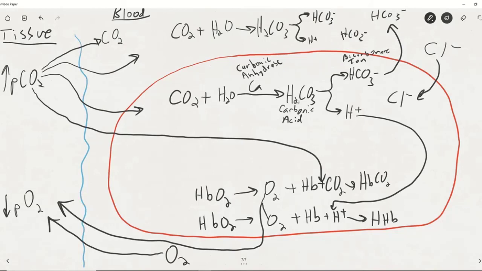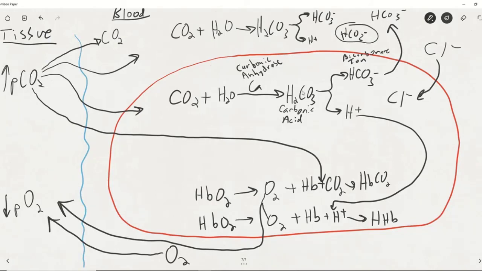Maybe it came this way. In all likelihood, it came this way because of carbonic anhydrase. But it just as likely could have come this way. We don't know. It's just in the end, 70% of the carbon dioxide is found as bicarbonate ion in the plasma. But we don't know which of these 2 paths it followed.